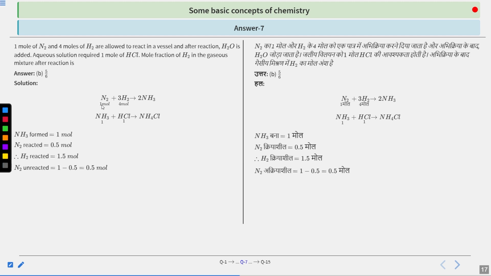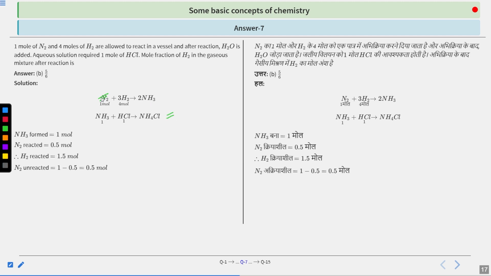Now, going back to the question, I made a mistake here, sorry for that. It is being said that the ammonia produced requires 1 mole of HCl. That means 1 mole of ammonia is produced. But according to the equation, 2 moles of ammonia would have been produced, which means the total reaction is not occurring. According to this neutralization, we have to form only 1 mole of NH3.